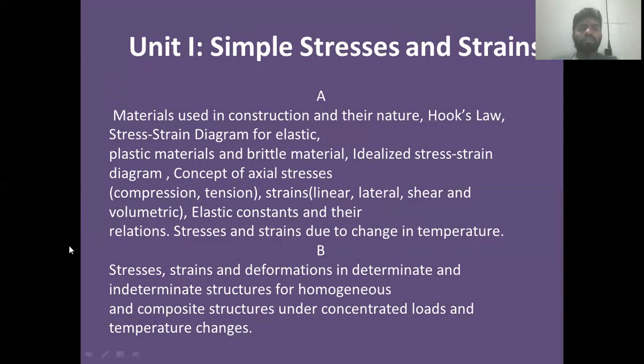Okay, so under concentrated loads, what do you understand? There are various types of loads. In the first year or in the previous diploma subjects, you have studied the types of loads. That is concentrated load, UDL, uniformly distributed load, UVL, uniformly varying load, and so on.